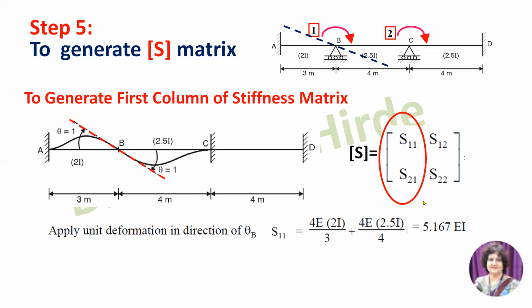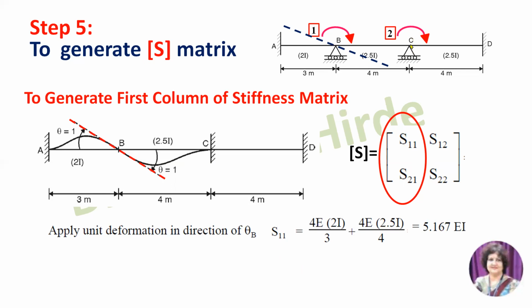Now remember that property of the stiffness matrix. All diagonal members will always be positive values. Along the diagonal, that means S11 and S22 will never be negative. These are always positive values, but off the diagonal, it can be positive or negative. So this is S11. What is S21?